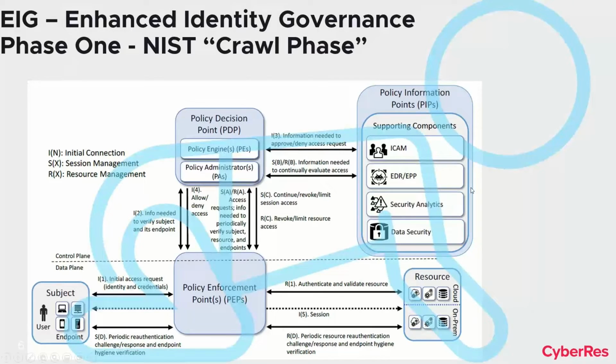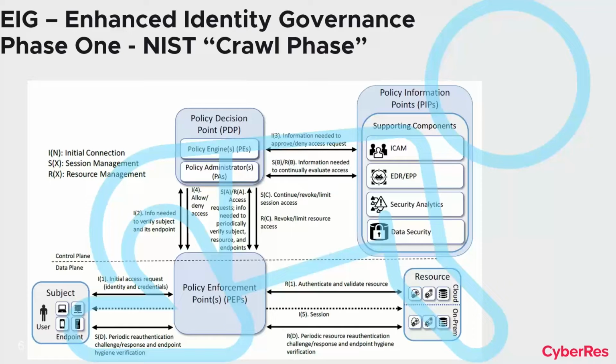They have this idea of the crawl phase, the baby steps of how to get going with zero trust. And for them, that's called the enhanced identity governance phase. And I really like the way they put this together, because as we'll see as we go along here, the foundation of any zero trust architecture is the ability to identify who's getting to what and how.